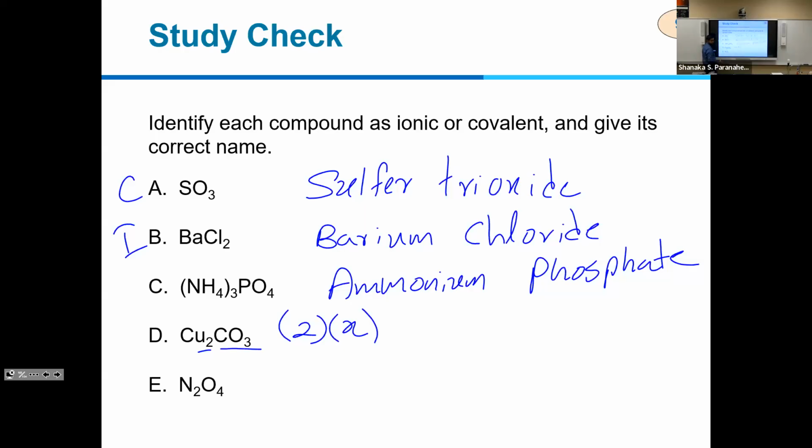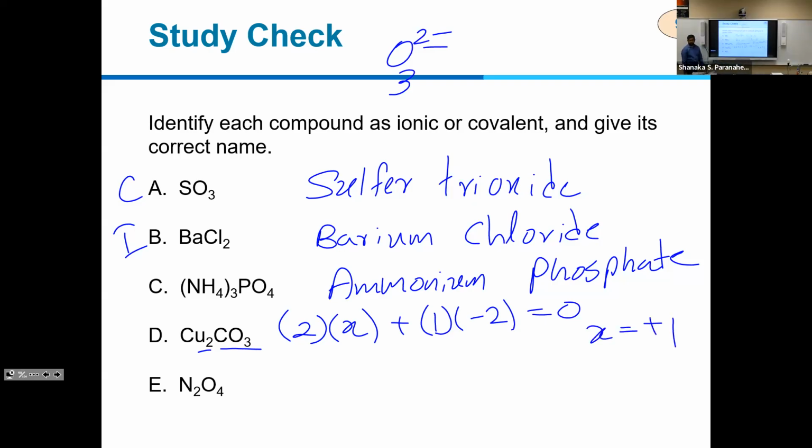This is a polyatomic group, carbonate, and you should be able to find that group and its charge. That's -2. There's only one carbonate. Equal to 0. So X is equal to +1. So what is the name? Copper(I) carbonate.